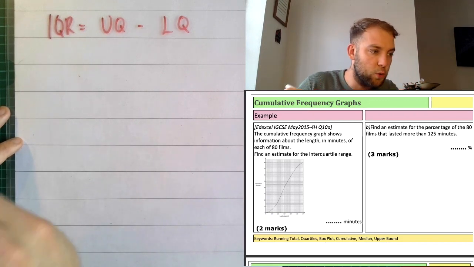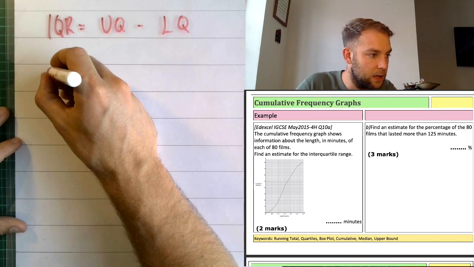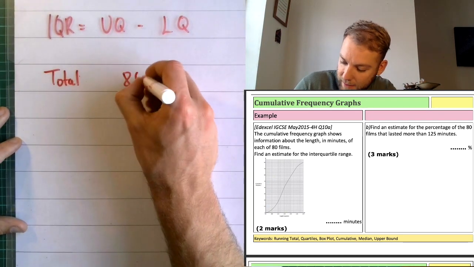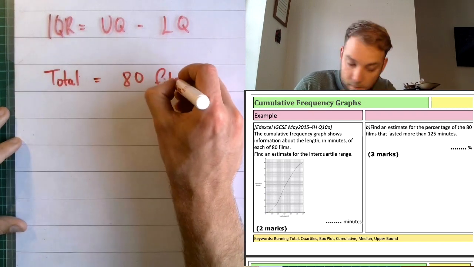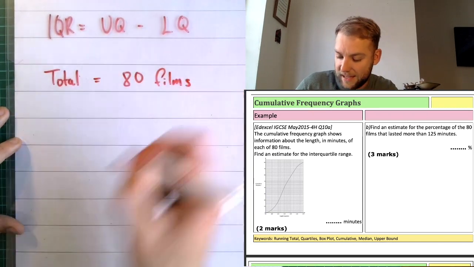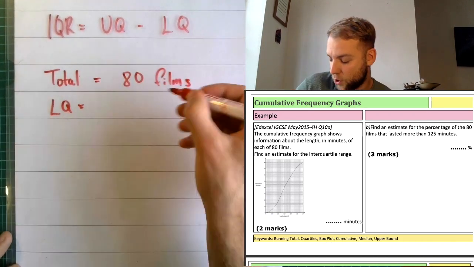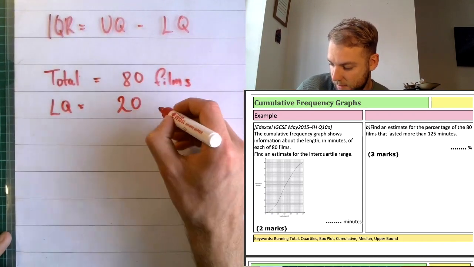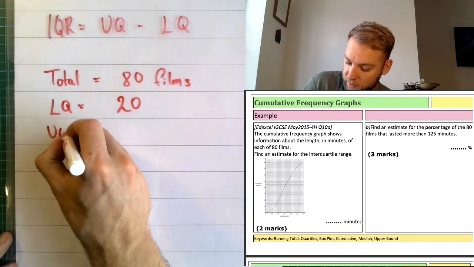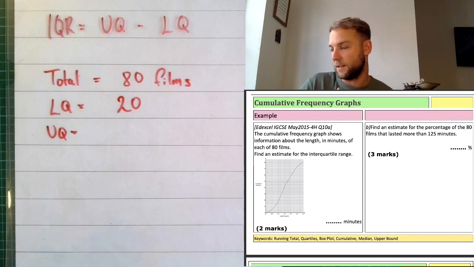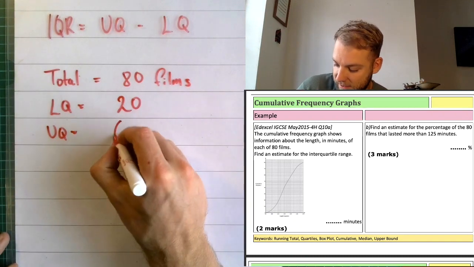So the total films is equal to 80. Okay, there's 80 films in total. My lower quartile of this is going to be a quarter of this, which is 20. And my upper quartile is going to be 3/4 of 80. So half is going to be 40 and the 20 is going to be 60 films.